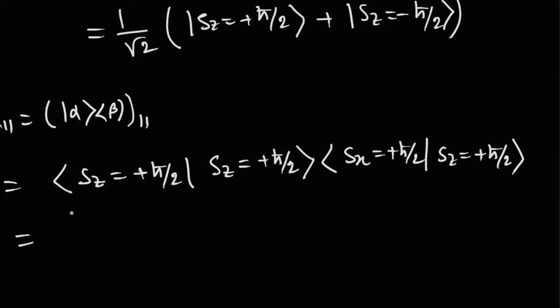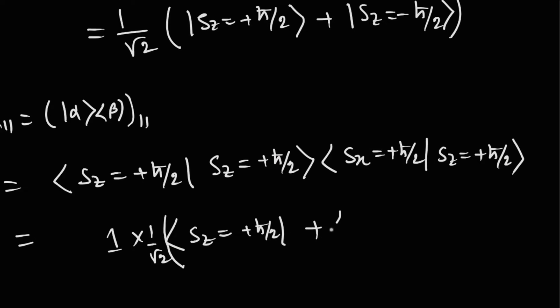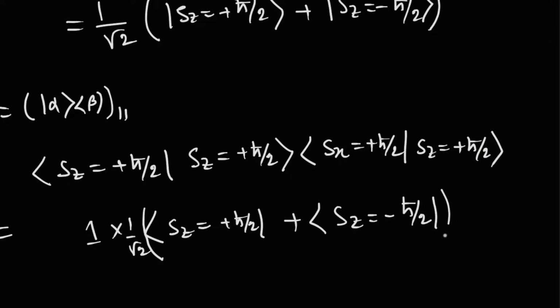It will give 1 and the second part will give, the dual correspondence will be 1 by root 2 into Sz equal to plus h cut by 2 plus Sz equal to minus h cut by 2, multiplied with Sz equal to plus h cut by 2.